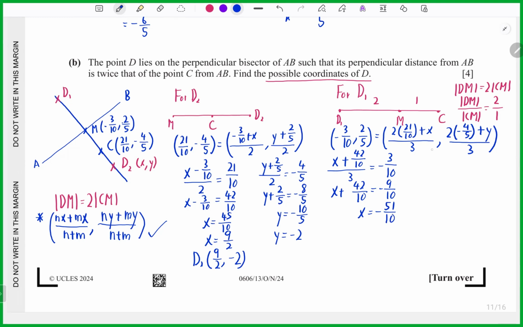Now we try to find the y coordinate. y minus 8 over 5, over 3 equals 2 over 5.